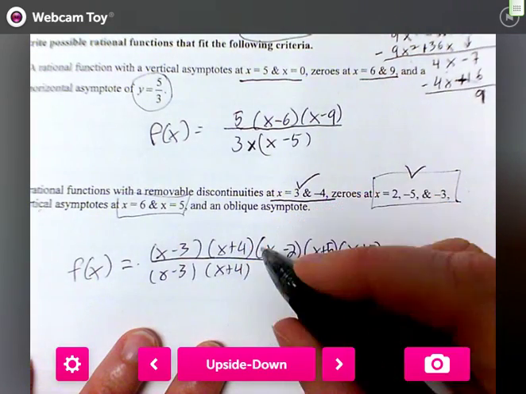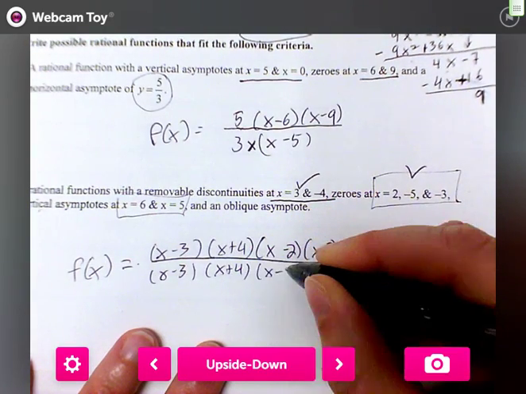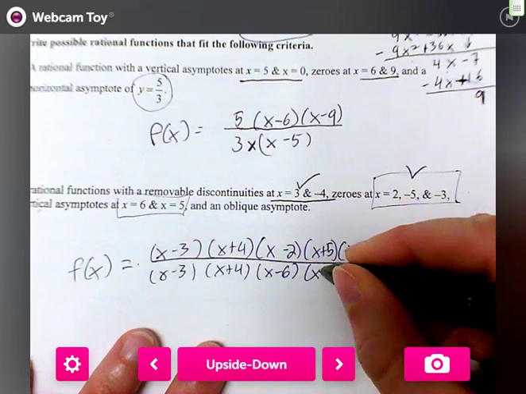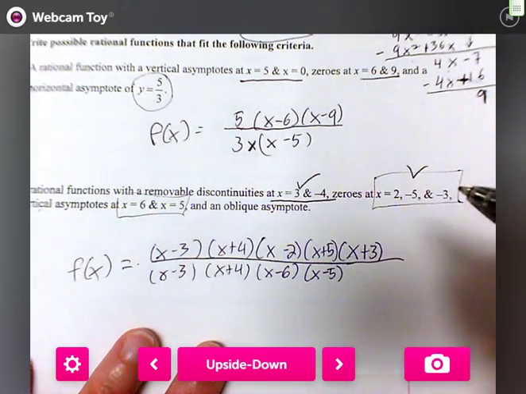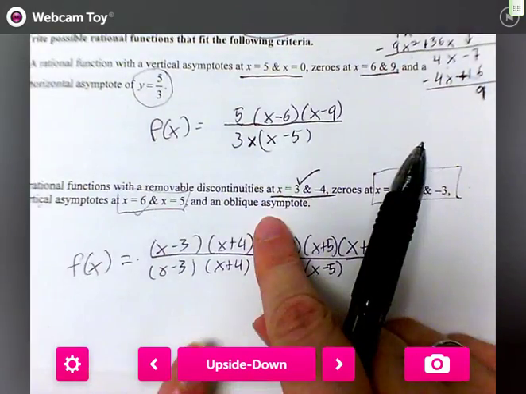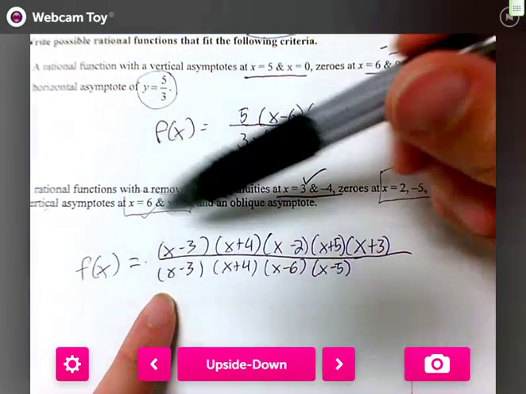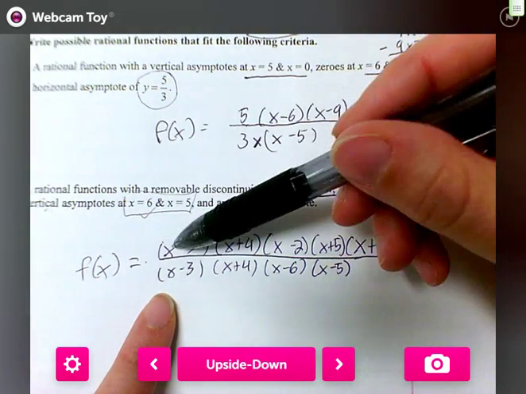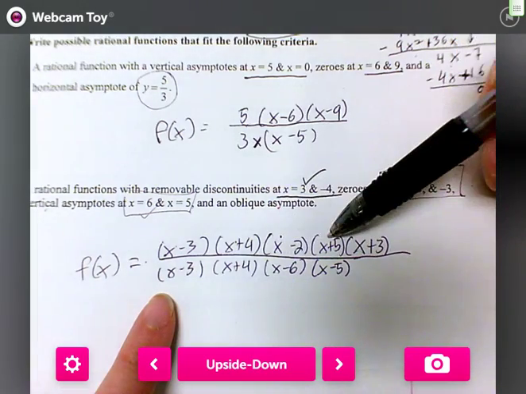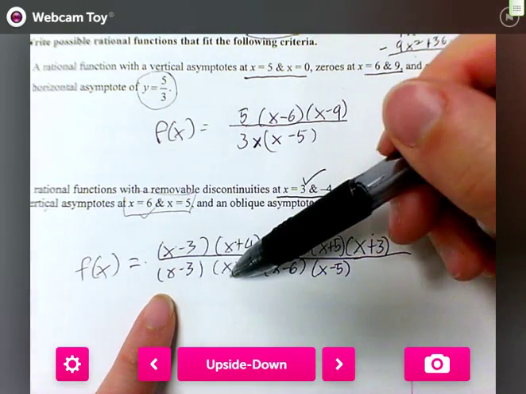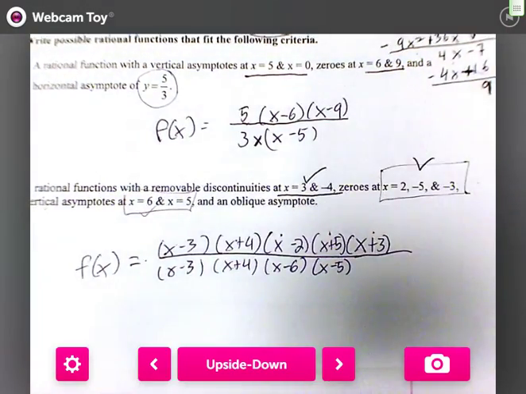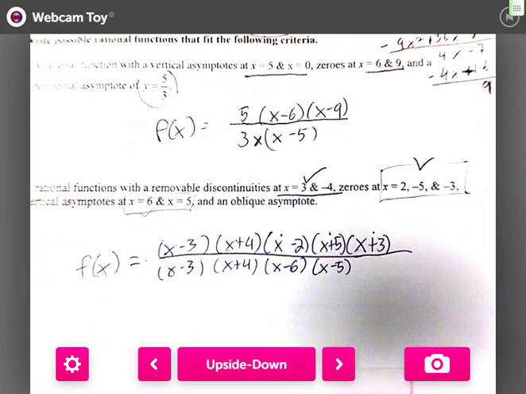So those go on the bottom. X minus 6, x minus 5. Okay? Now, it says we have an oblique asymptote. So let's check. How many exponents do we have on the top? We've got 1, 2, 3, 4, 5. And 1, 2, 3, 4 on the bottom. So we're going to be able to divide this to get an oblique asymptote. So we're good.